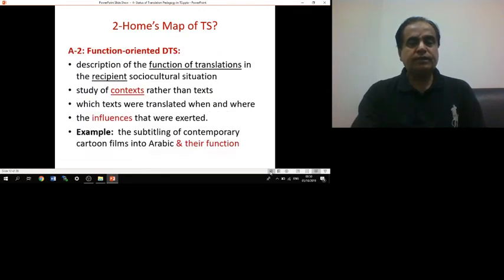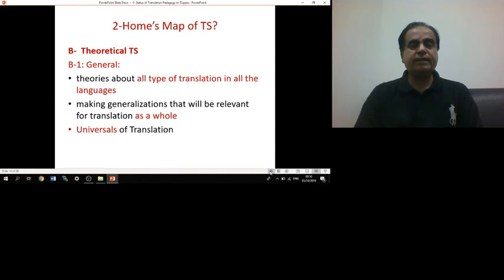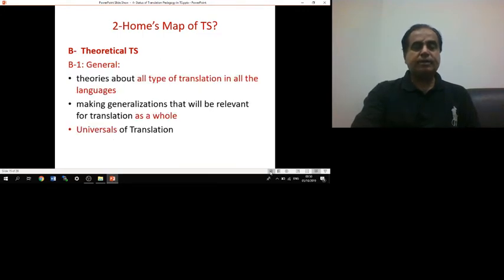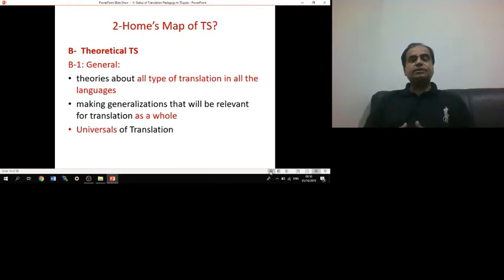If we see, the theoretical part is divided mainly into two parts. Number one is the general theories, and number two, as we shall see in the next slide, is the partial. The general theories are about all types of translation in all languages. For example, there is a general theory that languages are different in their structures.